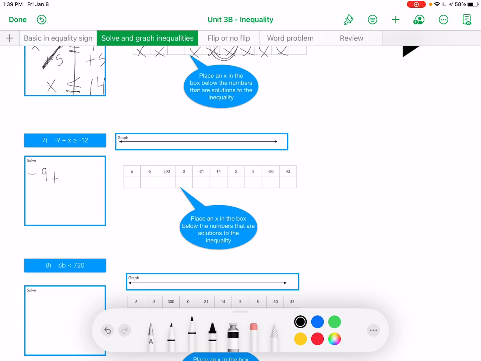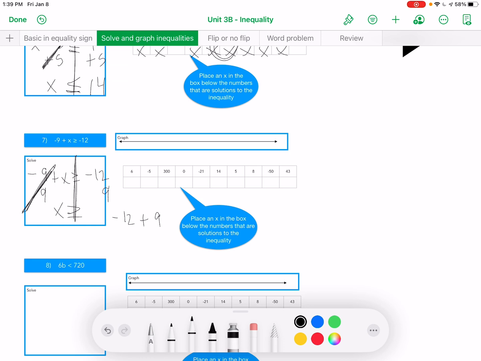Negative 9 plus x is greater than or equal to negative 12. The opposite of a negative 9 would be a positive 9 on both sides of the equation. That cancels out, leaving me with x is greater than or equal to negative 12 plus 9.